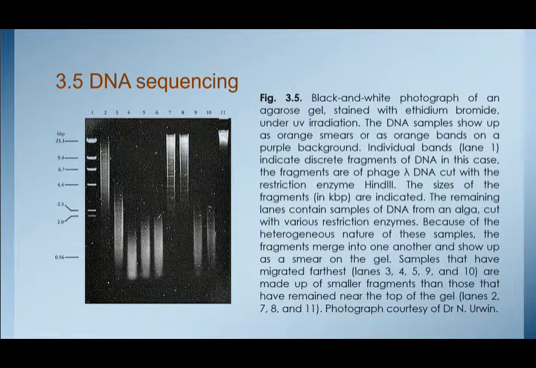DNA sequencing. The ability to determine the sequence of bases in DNA is a central part of modern molecular biology and provides what might be considered the ultimate structural information.